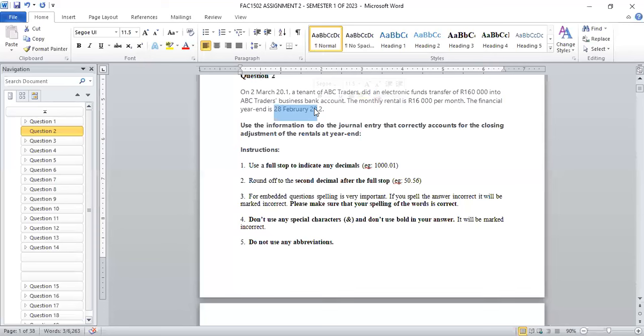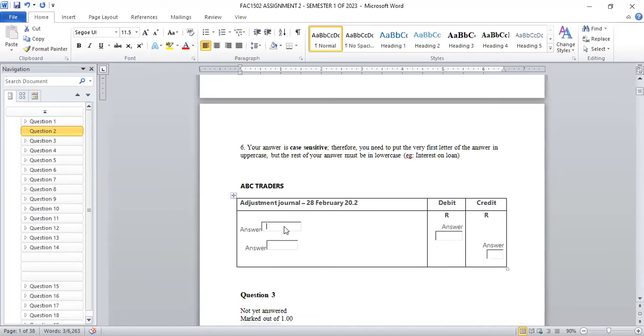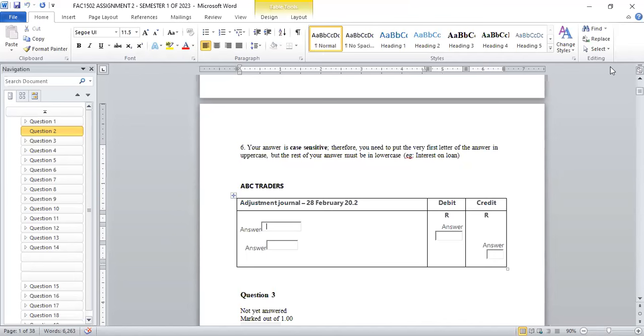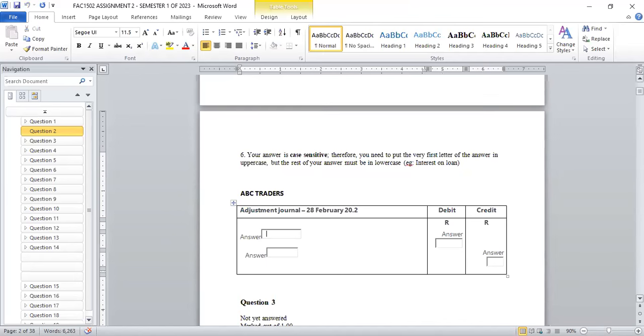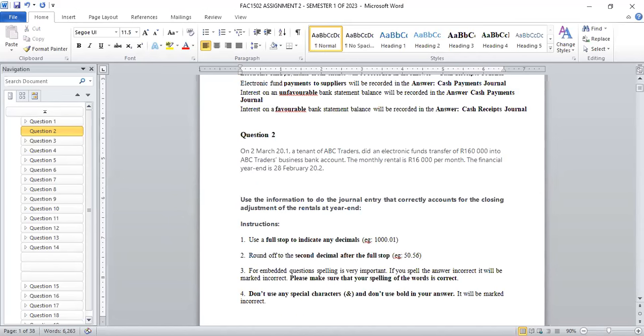Why is it important to check? Because he might have only rented for 3 months. So if we can check here, let me first do a calculation here.